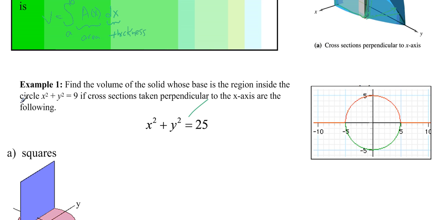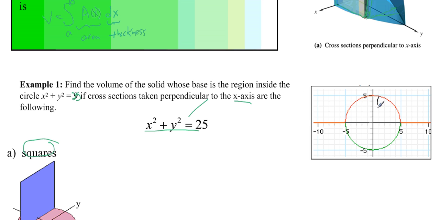So what does it look like in an example? Find the volume of the solid whose base is the region inside the circle, and make this 25 so that we get a matchup with the equation I wrote down here. So y squared plus x squared equals 25, and we're going to take cross sections perpendicular to the x-axis that are, in this first case, squares.